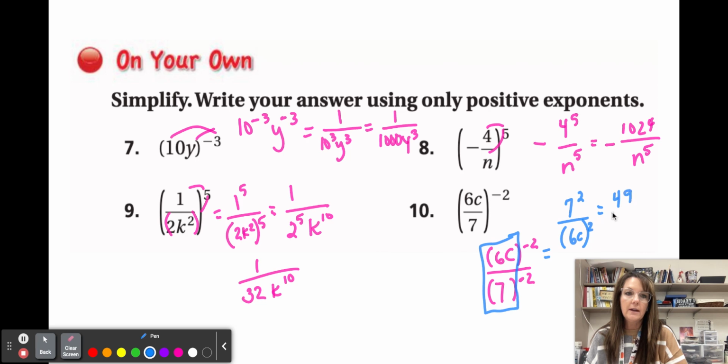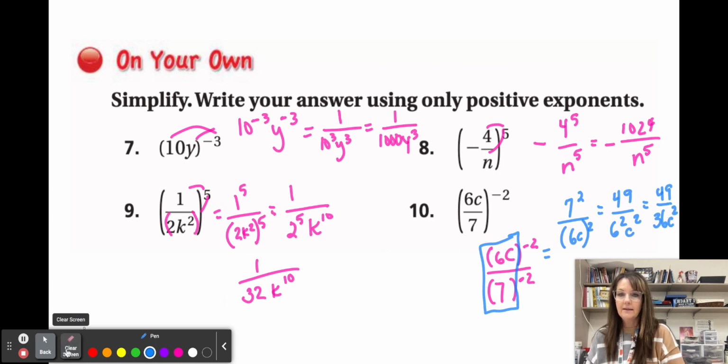So 49 over 6 squared c squared, or 49 over 36c squared, and then check to see if there's anything between 49 and 36 that can be simplified. And we have only positive exponents. Okay. I know that was a lot. I'm going really fast. Sorry.